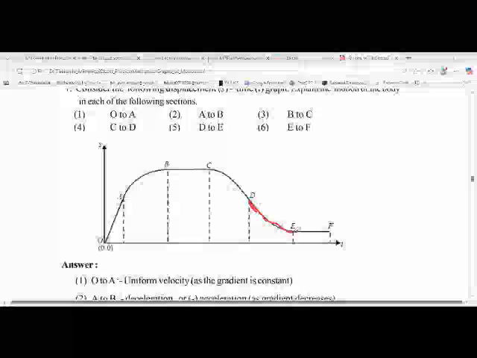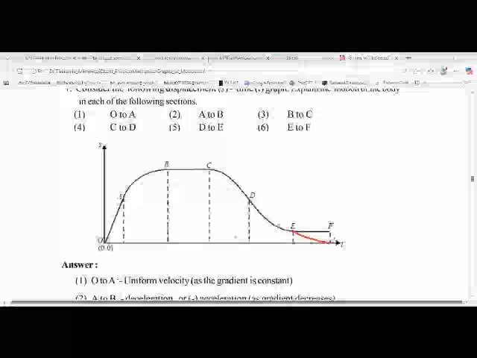Then here in the last duration, it is also rest. Also in this case, you can see it is not coming to the starting point. If it crosses or reaches the time axis, it is coming back to the initial point.